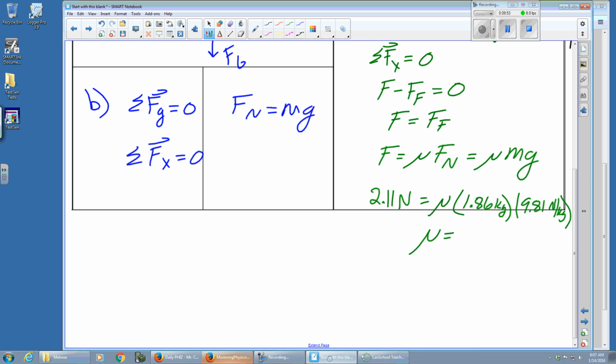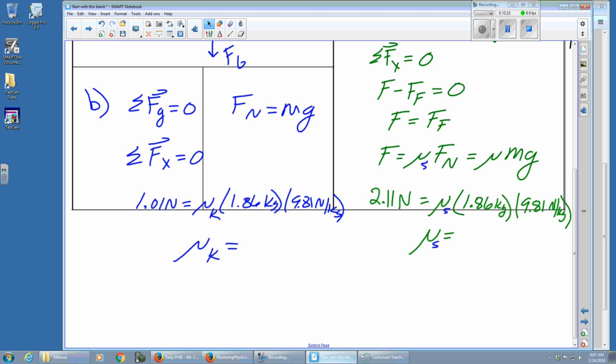I've got a force of 1.01 newtons equals mu times my 1.86 kilograms, 9.81 newtons per kilogram. Oh, sorry, this should be mu static. It should be mu kinetic. And I end up with mu kinetic equals some other different value.